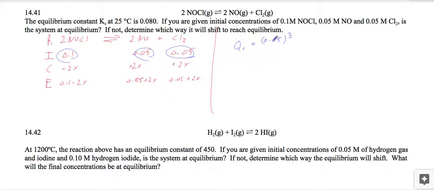Multiply those together, they'll get 0.05 cubed, divided by 0.1 squared, and the Q we get for this one is going to be 0.0125. Again, it is smaller than the K value, which means that in order to get closer to this number, our top number is going to have to get larger. The top number has to get larger. It's going to be shifting towards the products.